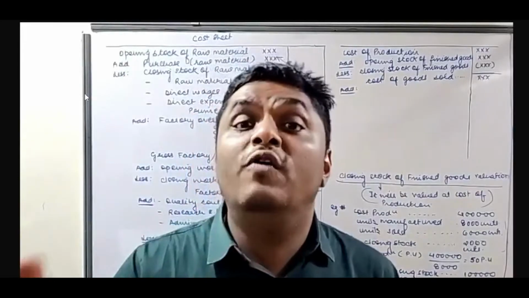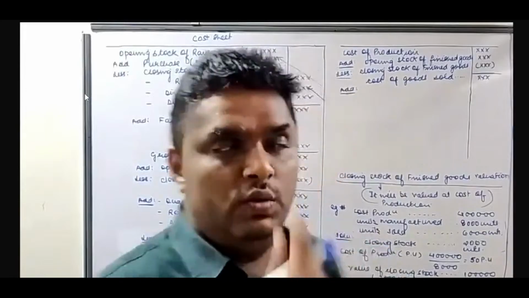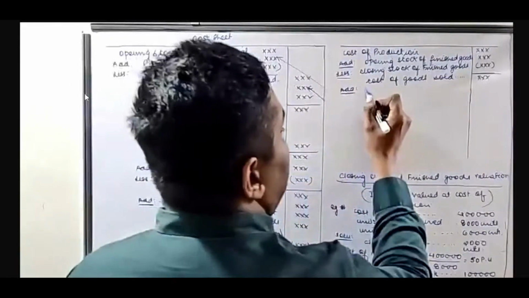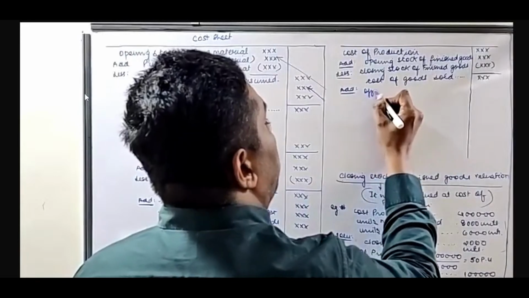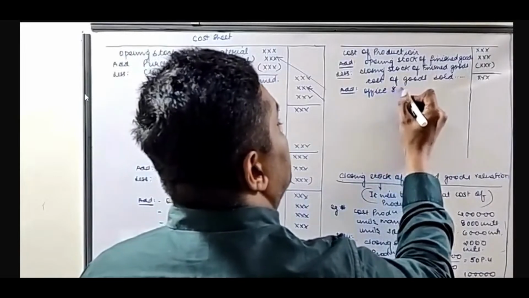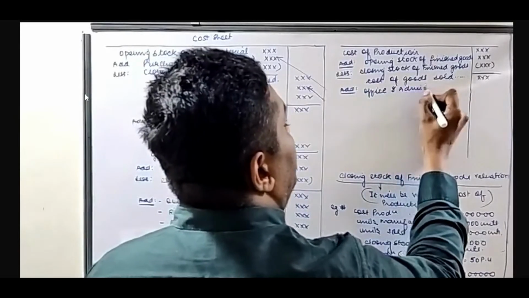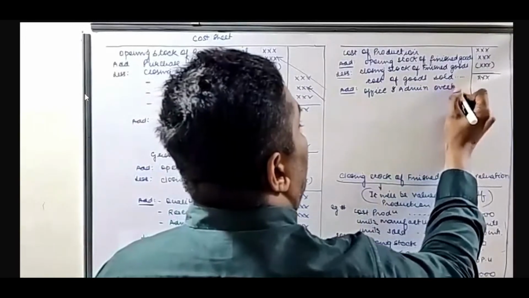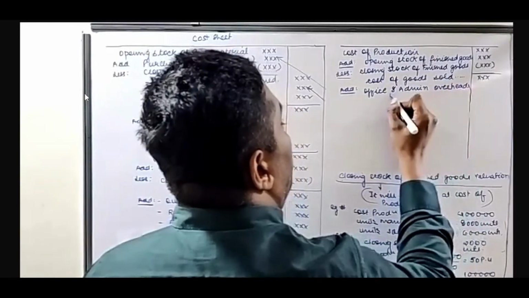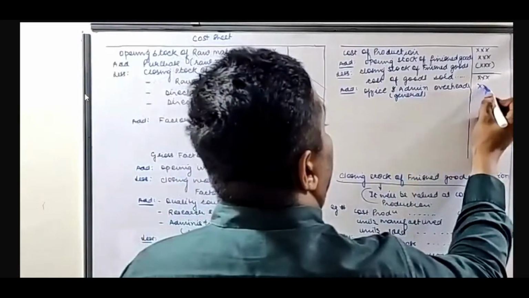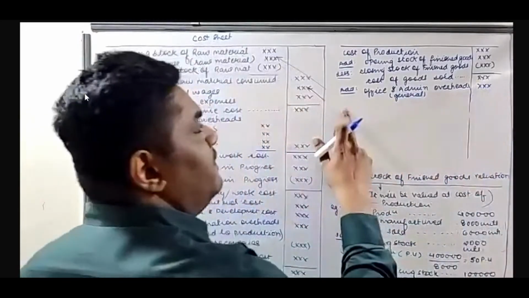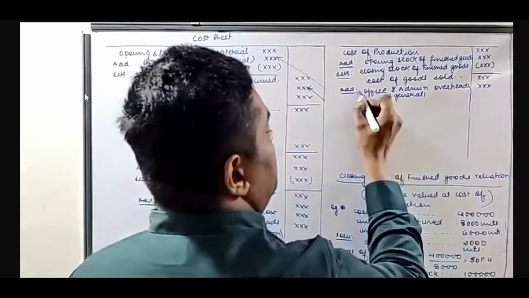It means all the office overheads or general administration overhead. In this, we will add all the office and administration overhead.